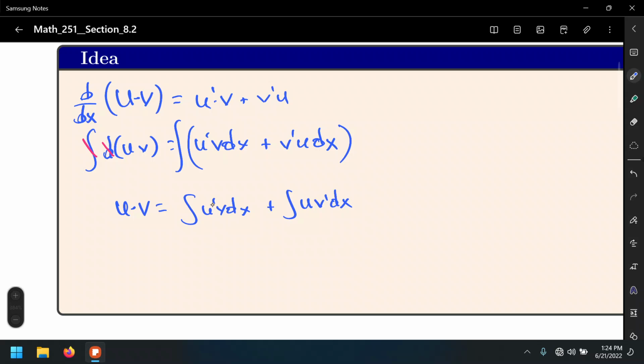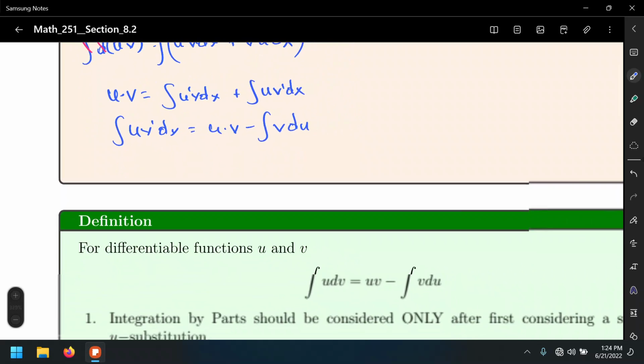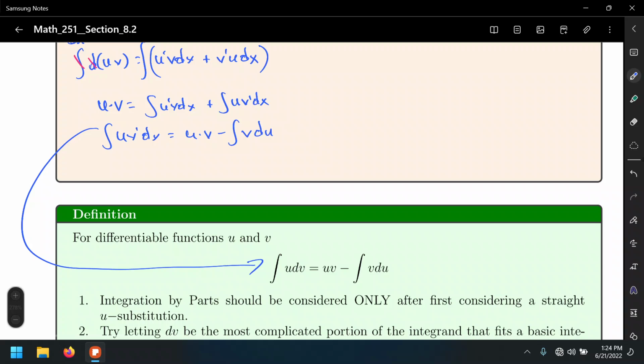We can subtract this term on both sides, giving us u times v minus the integral of v du, which is basically our formula that we have here in the definition box. So again, the integration by parts formula really comes from undoing the product rule.